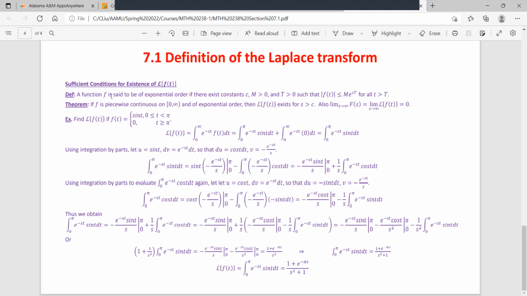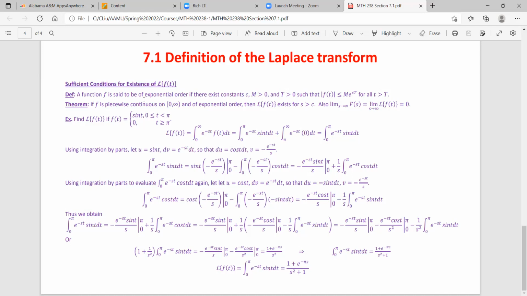Let's talk about some sufficient conditions for the existence of this Laplace transform. It does not always exist. Because if the Laplace transform does not exist, then it does not make any sense to try to find it.